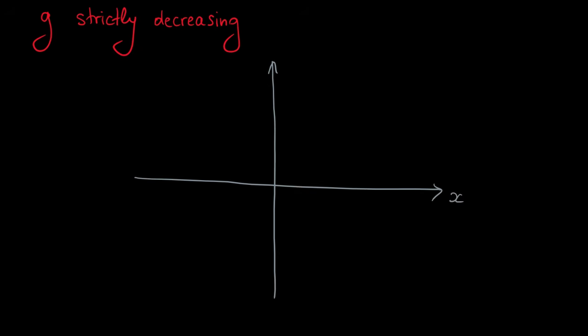Now let's turn our attention to strictly decreasing functions. And let's do that by first observing what a strictly decreasing function does. So here's our x-axis, our y-axis, and let's take for our strictly decreasing function this function right here, y equals g of x.